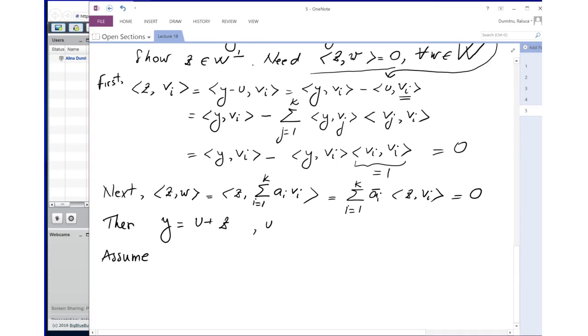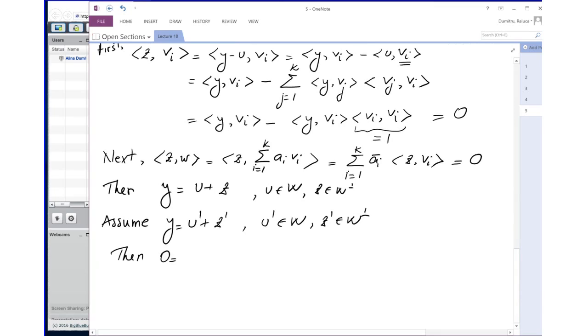So y is u plus z, where u is in W, z is in W perp. And let's just assume that there is another way to do the same thing. So y equals u prime plus z prime. u prime in W still, and z prime in W perp. The goal is to show that u equals u prime and that z equals z prime.